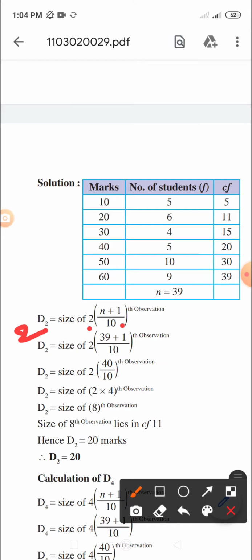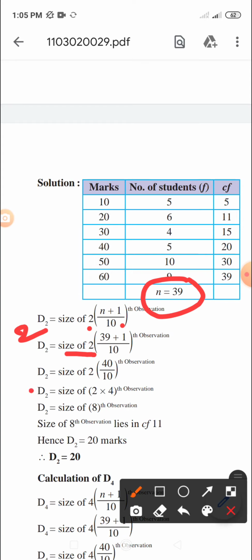Why do we divide by 10 here? Because deciles divide the data into 10 equal parts. Bracket complete observation. So D2 is equal to size of 2 into bracket 39 plus 1 upon 10. Why 39? The value of n that we found is 39. Bracket complete observation.